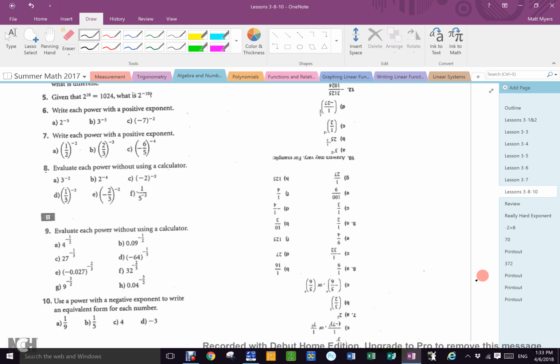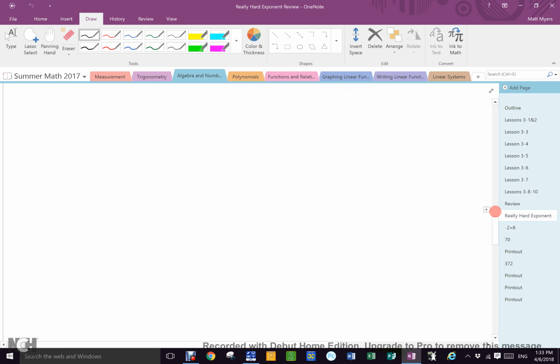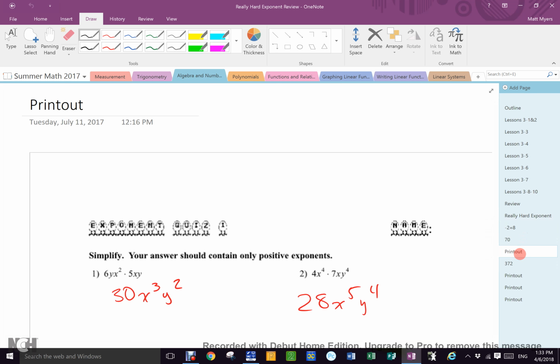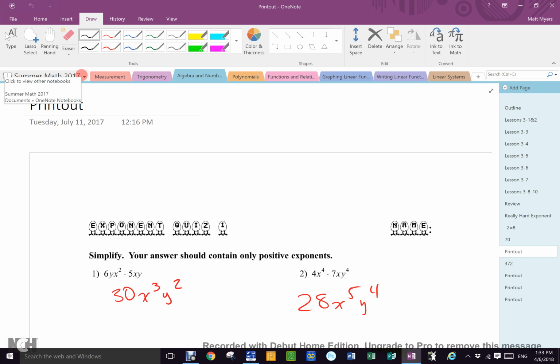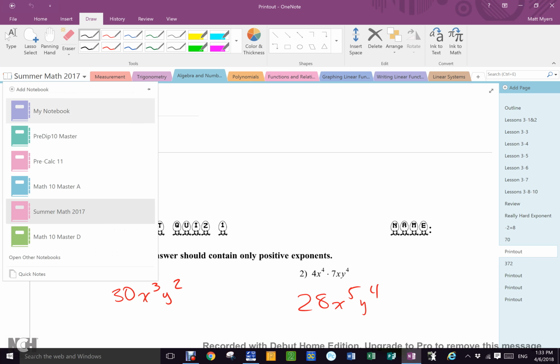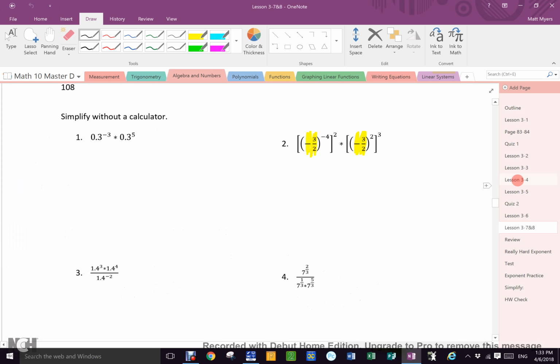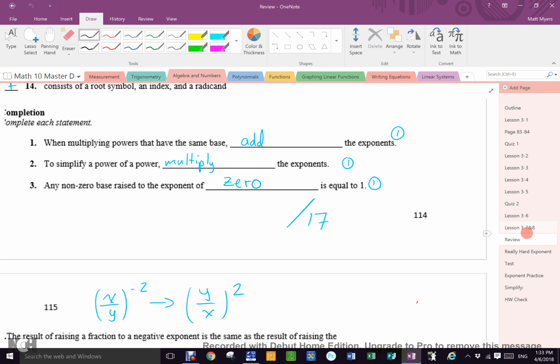Now, but listen up, please. Where the heck is it? On page, I believe, if I'm not mistaken, page 114 begins the review. That is for marks. Don't look.